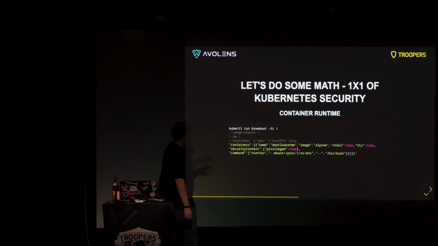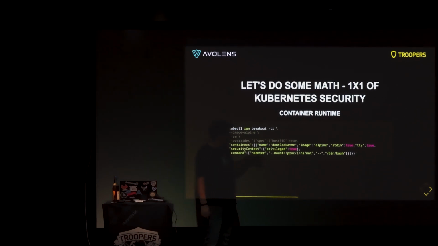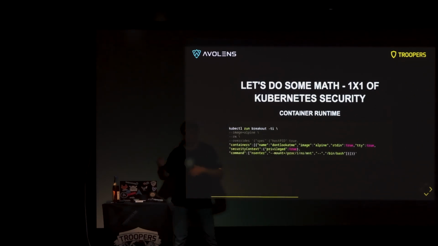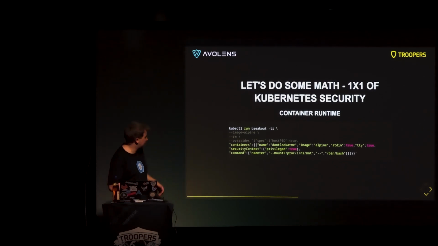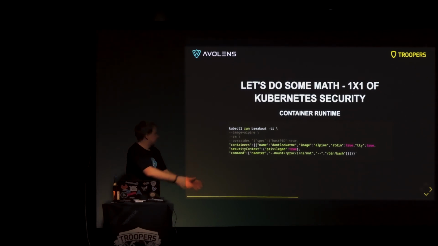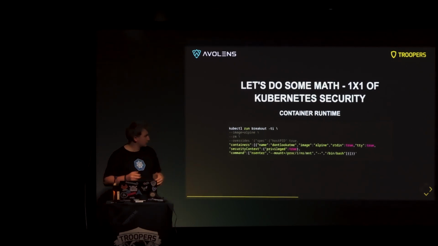Thus, we can then do an nsenter, entering the namespace of the first process. We are entering the mount namespace, so we have the root file system of the node mounted, or rather we are in the same namespace as the root file system of the host, and we have full code execution there.